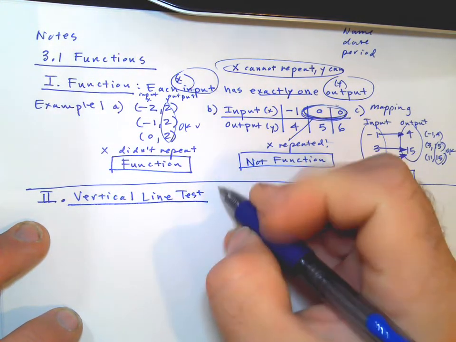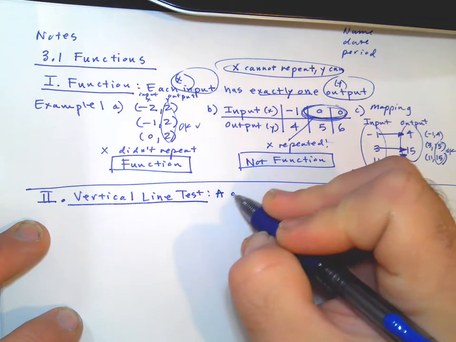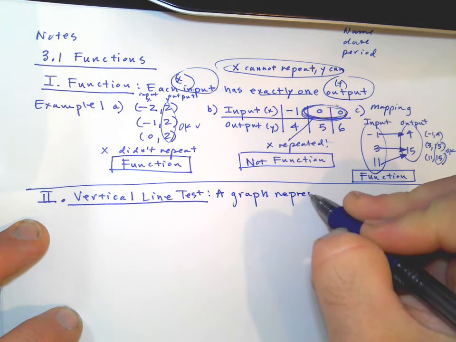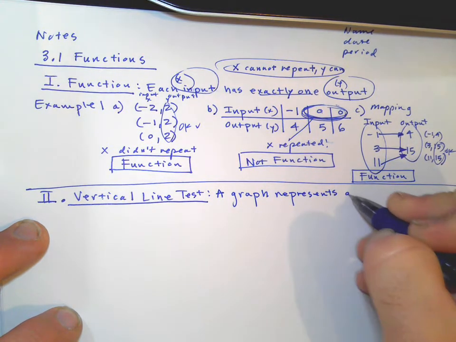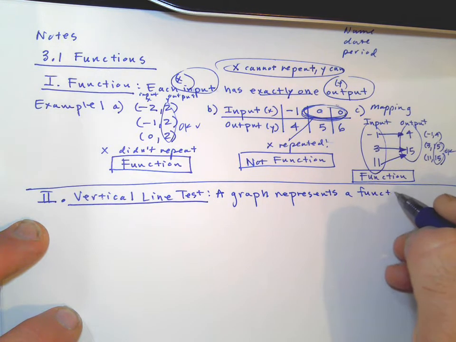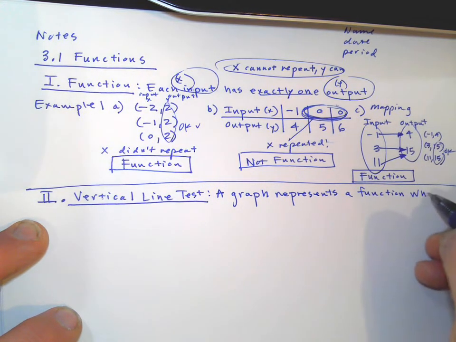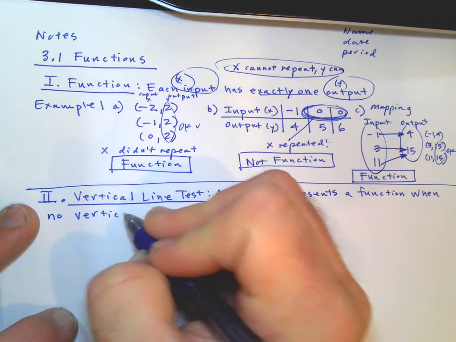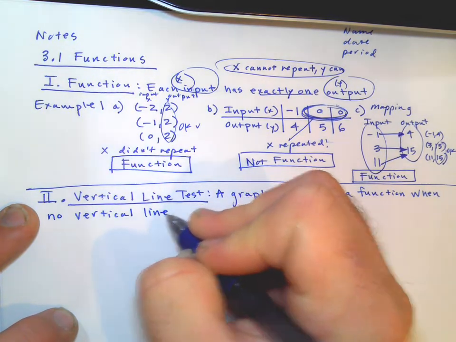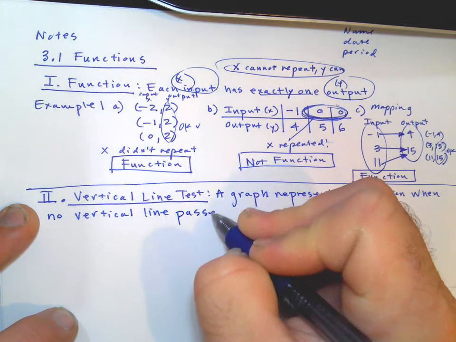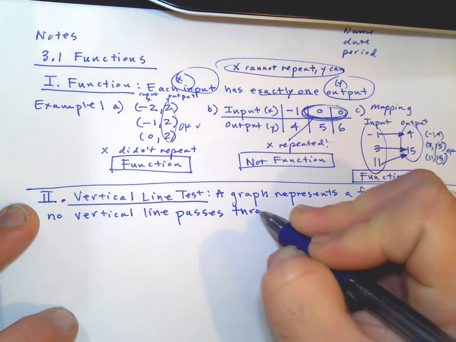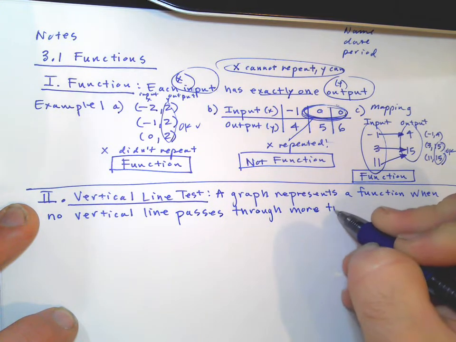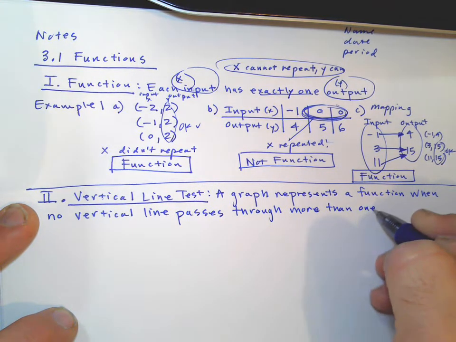And so what a vertical line test says is a graph represents a function when no vertical line passes through more than one point.